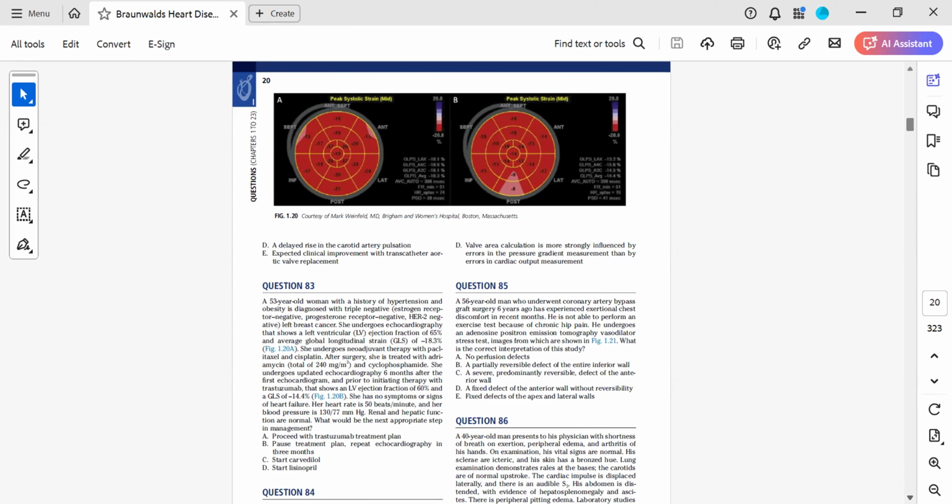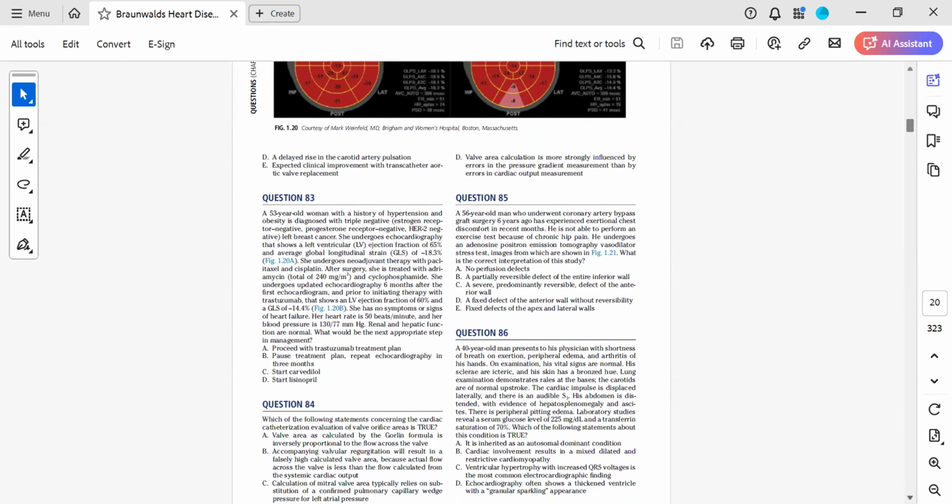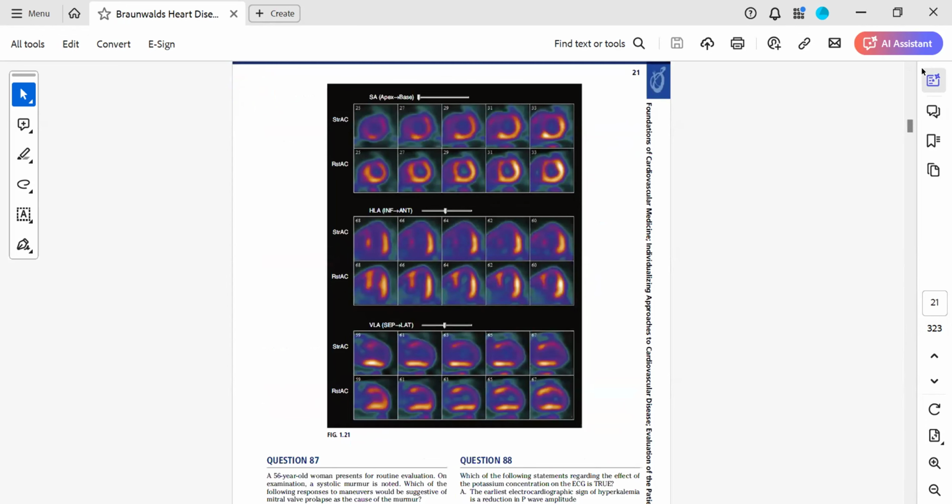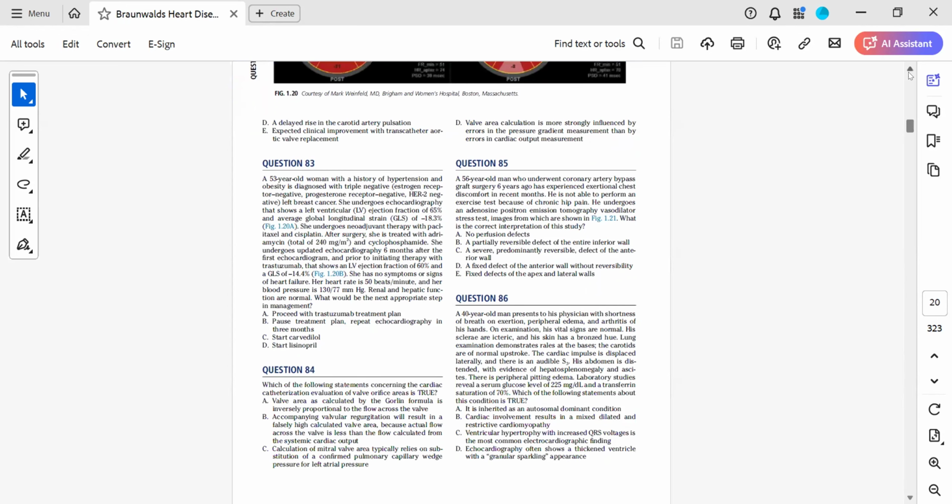If I want to check the percentage difference, that's about a 21.3% reduction in our GLS 6 months after chemotherapy. And I said that for GLS, cardiotoxicity is when a reduction greater than 15% has occurred. So using the GLS modality here, this patient already has cardiotoxicity. They are now asking us, what would be the next appropriate step in management?